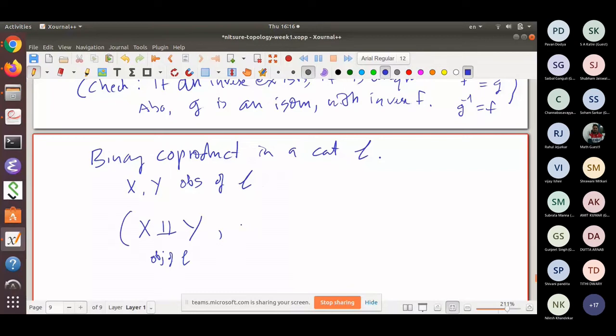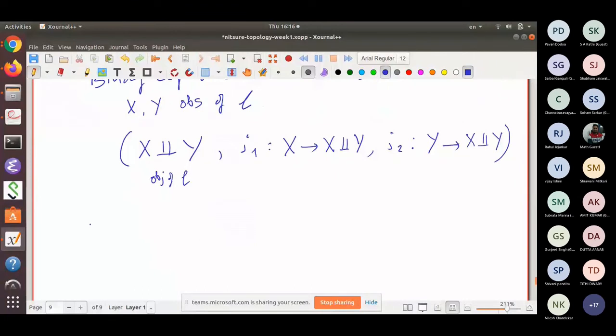And then there's an arrow J1 going from X into this, and there is J2 going from Y into this, such that the following universal property holds.